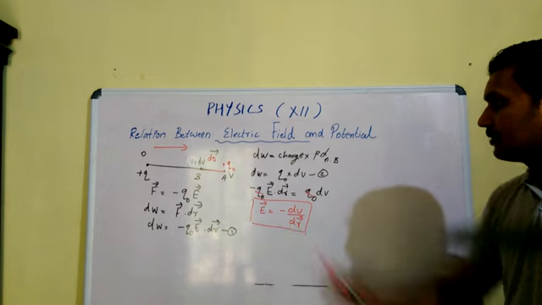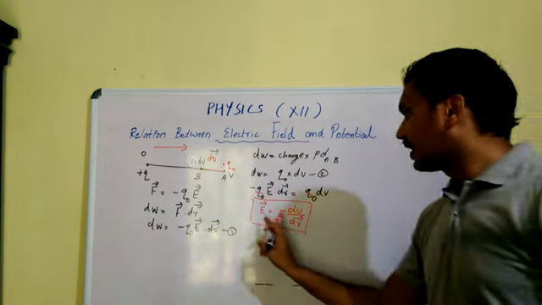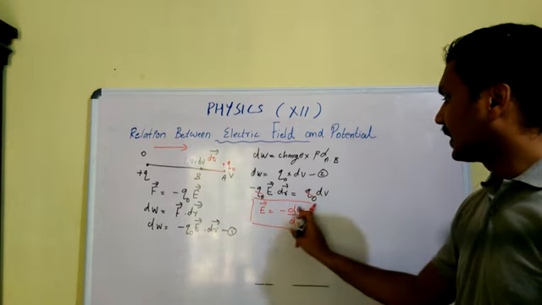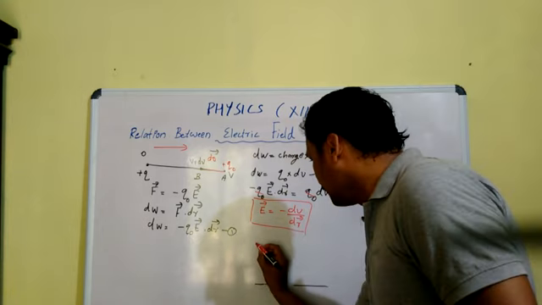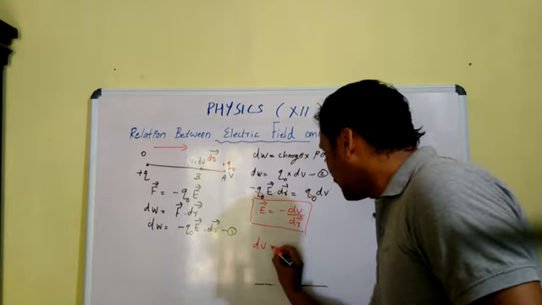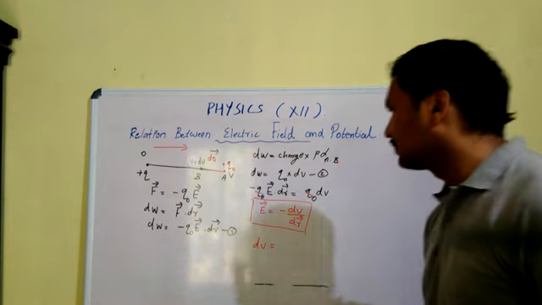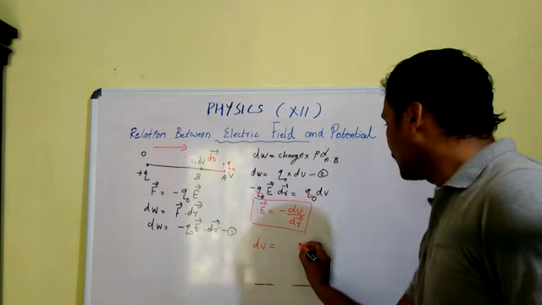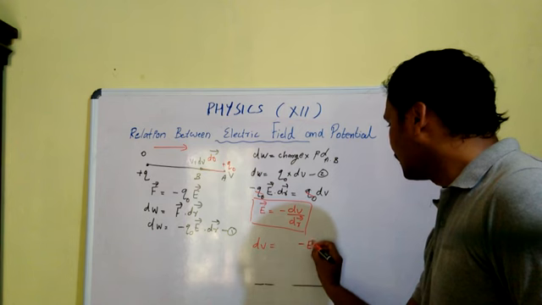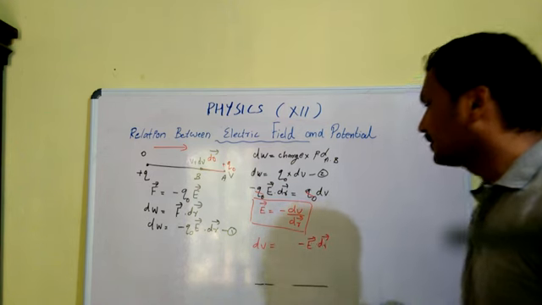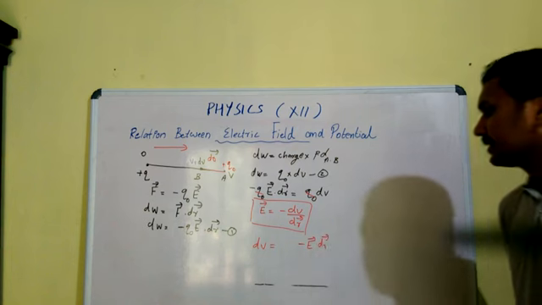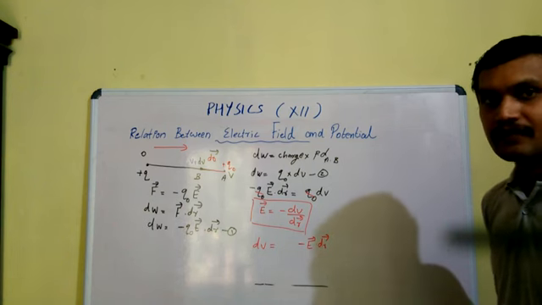Use the same equation, that is, E is equal to minus dV by dr. So we have dV is equal to minus E dot dr.